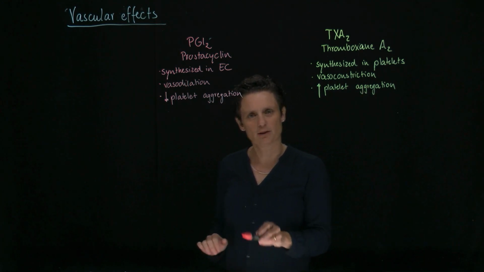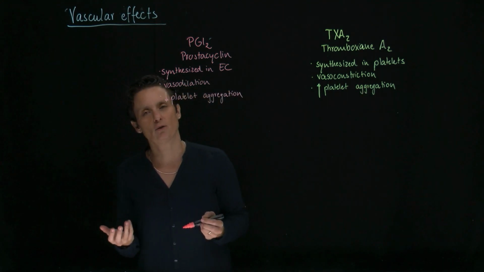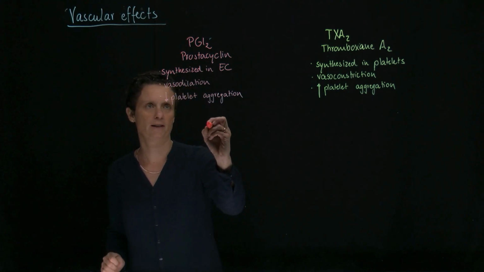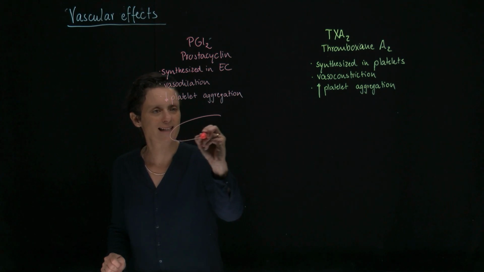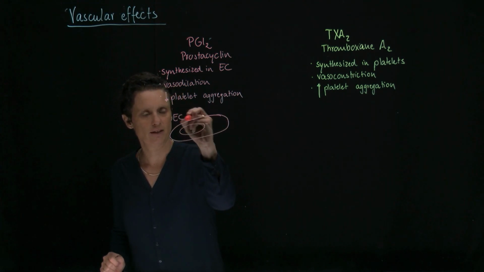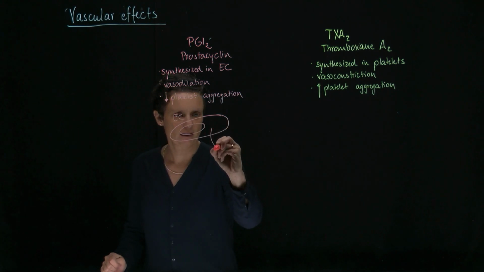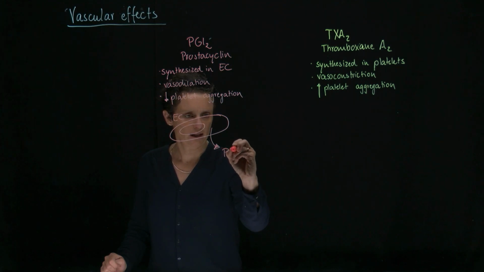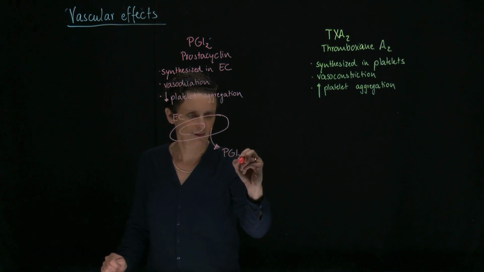And let's look a little bit closer how that works and also what is the consequence. There's particularly a pharmacologic consequence. So the prostacyclin is made by endothelial cells, so EC for endothelial cells. That's what's making the prostacyclin.